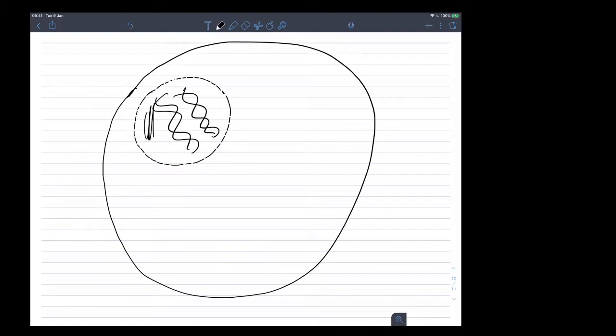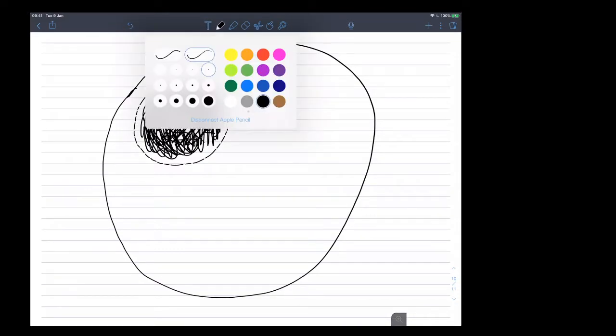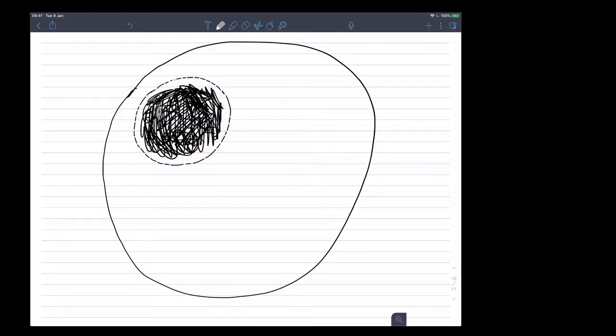Now in the nucleus, you have these regions which are very active in terms of gene expression, and these regions are called the nucleolus. Okay, so within the DNA, you have these distinguishable bits, a bit lighter or a bit darker, however you're seeing it.